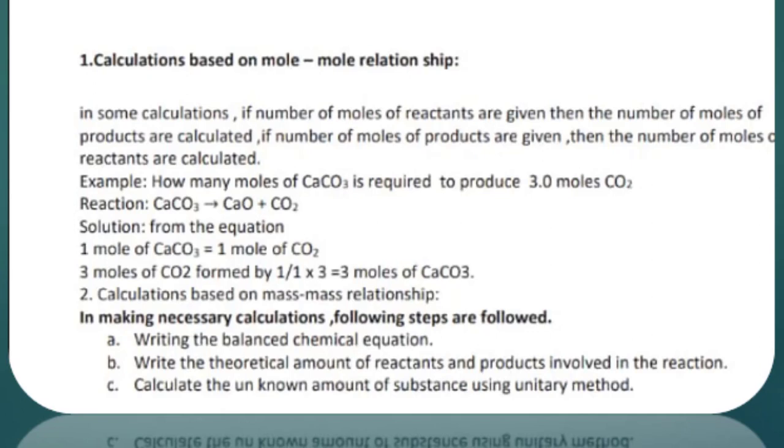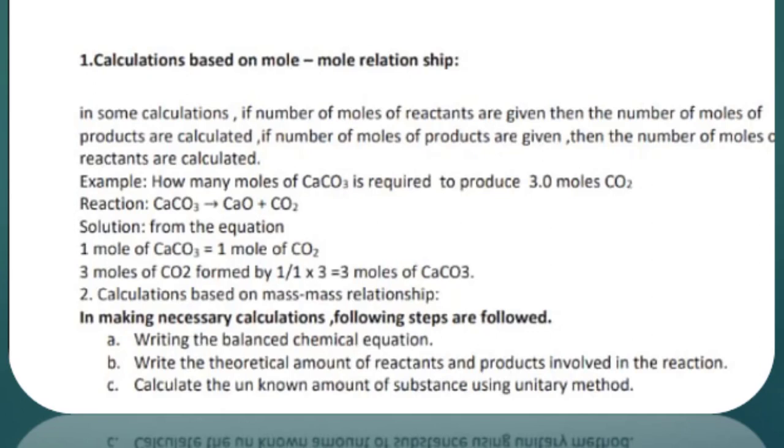Mole relationship means in the chemical reaction, the reactants and the products, how they are related in terms of mole, means how many moles of reactants are combined to give how many moles of products. That we discussed in calculations based on mole relationship. This is our first type.